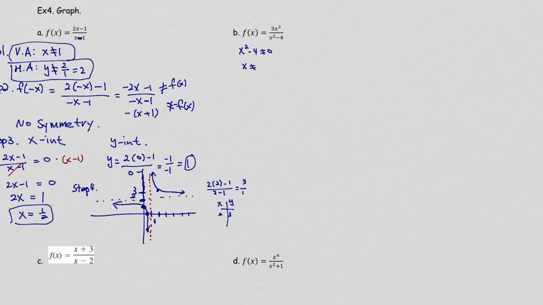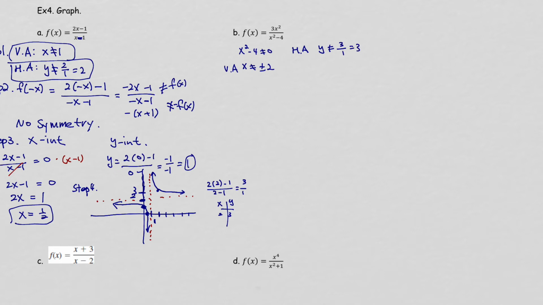And when you square root it, it will be plus or minus 2, right? So that's going to be the vertical asymptote. Horizontal asymptote: the degrees are the same, square and square, so your horizontal asymptote is going to be y cannot equal 3 over 1, which is 3.